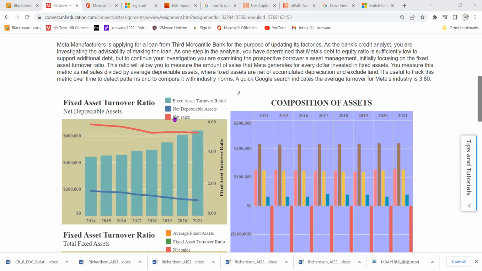years. Because you can tell the red line, this red line is your net sales. So net sales over time is actually a decreasing trend. But in the meantime, net depreciable asset is also decreasing for some reasons.